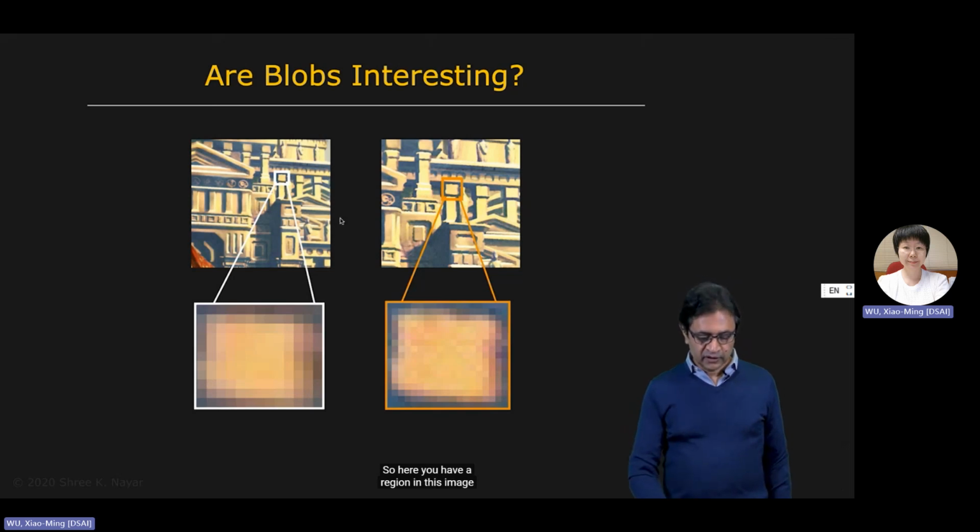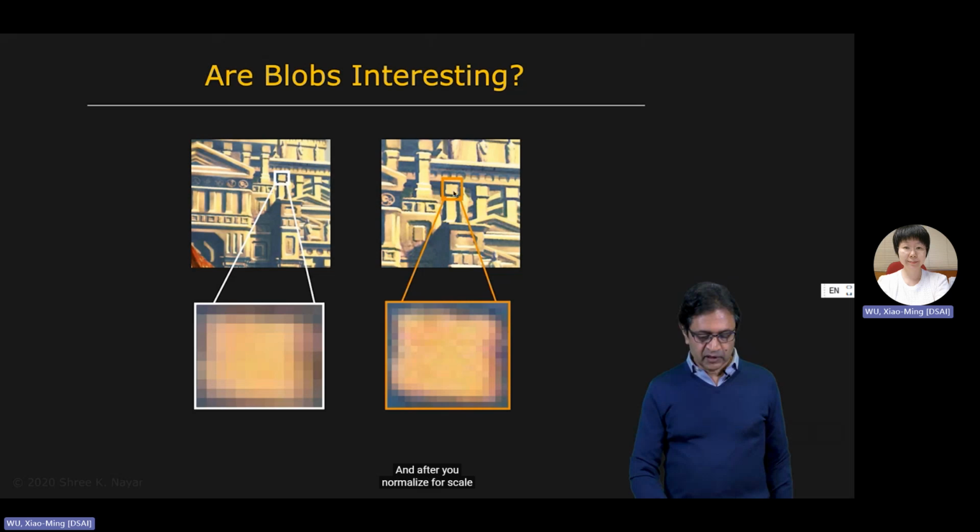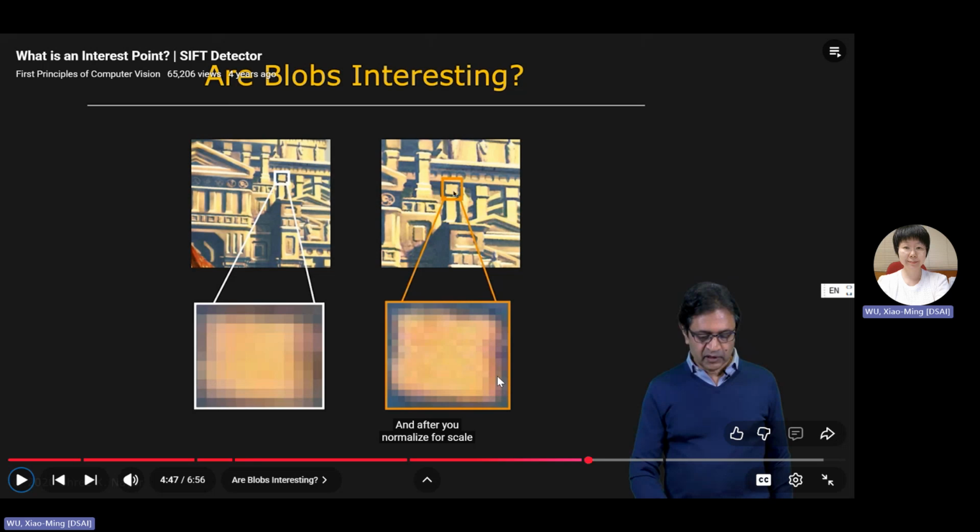So now let's take a look at something else, which is blobs. So here you have a region in this image, right here, this blob, and here is the same blob in this image. And now, let's look at this closely. Well, it doesn't have a round shape. It's a square. So what we mean by blob here is that it's a region which is brighter than the surrounding areas.